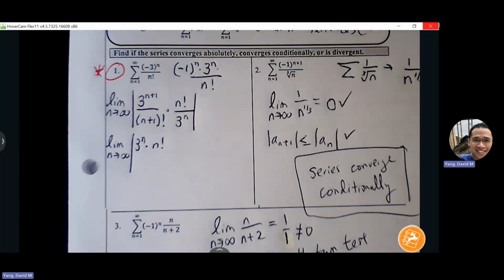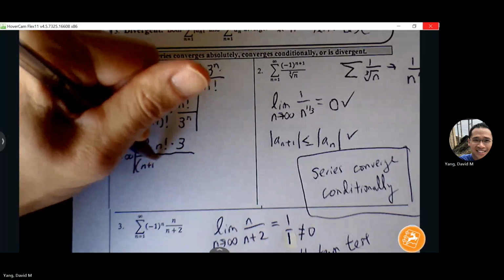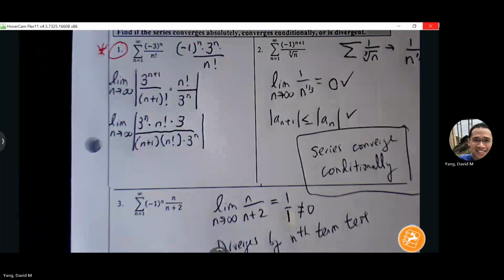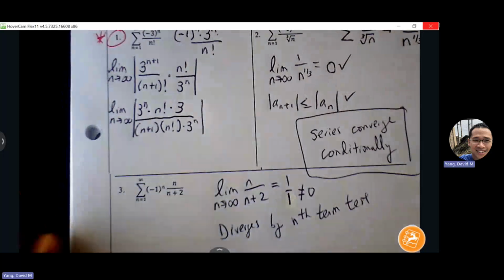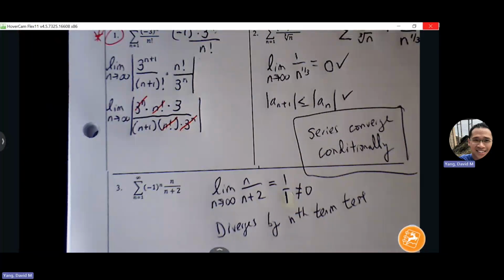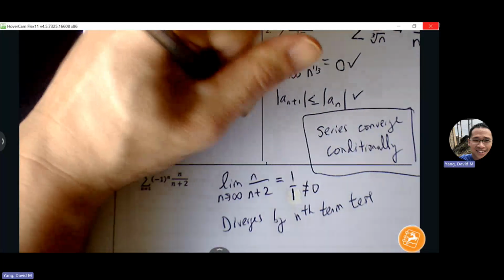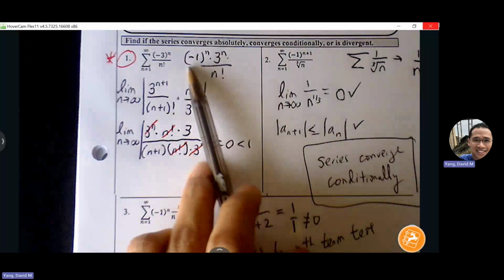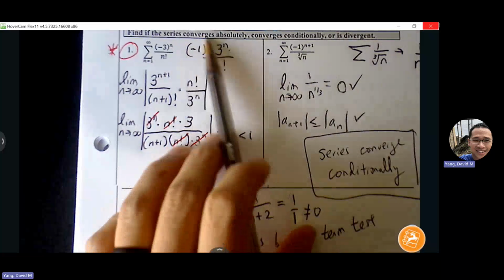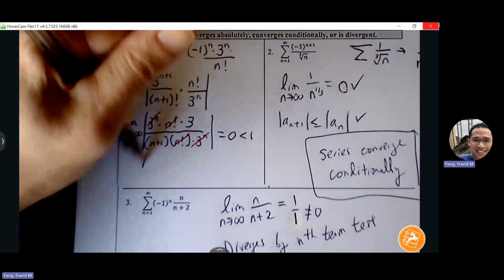Okay, let's do some canceling out, some reducing here. 3 to the n goes away, n factorial goes away. I'm left with 3 over n plus 1. Limit as n approaches infinity, that fraction is going to go to what? 0, and 0 is less than 1. So without the help of the alternator, this is already going to converge. So if it converges without the alternating term, then we can say that this series converges for absolute convergence, right?